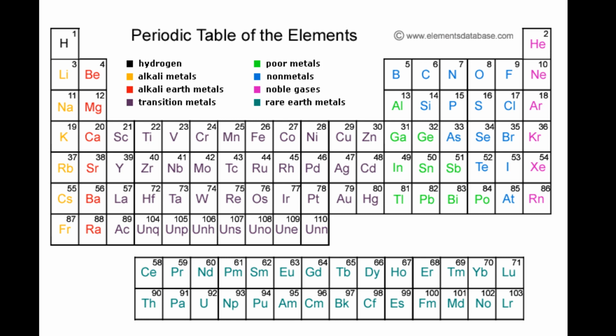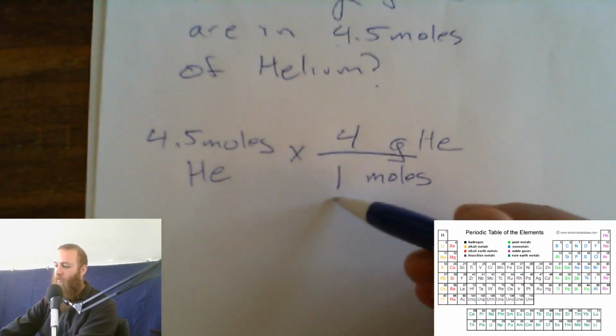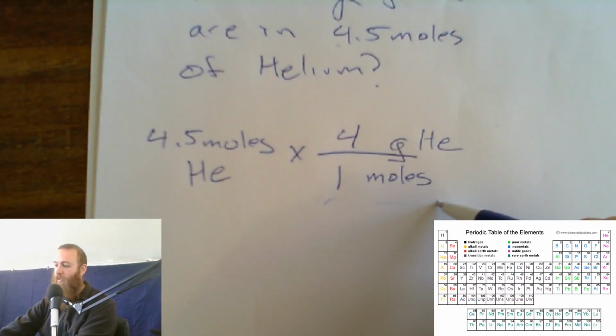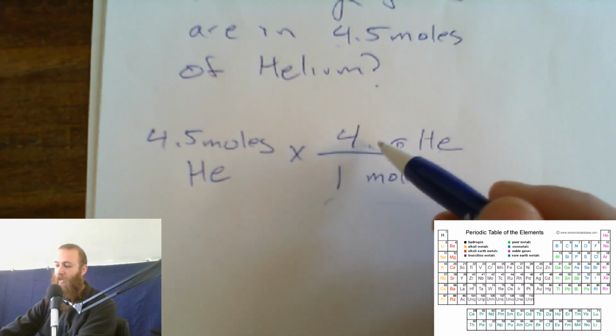All right, so on your periodic table, hopefully you have one there, and I'll find a better one to be using in these videos for tomorrow. The mass of helium is about 4. Now, I'm rounding, so that's not something you want to do. You don't want to round. So 1 mole of helium is equal to 4 grams of helium.